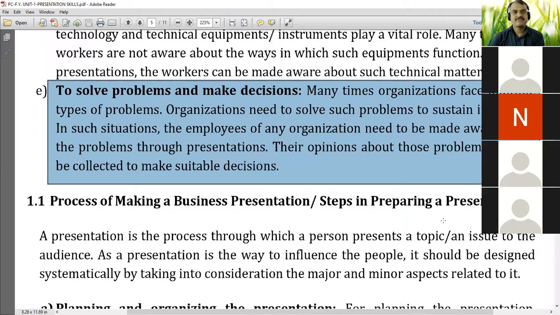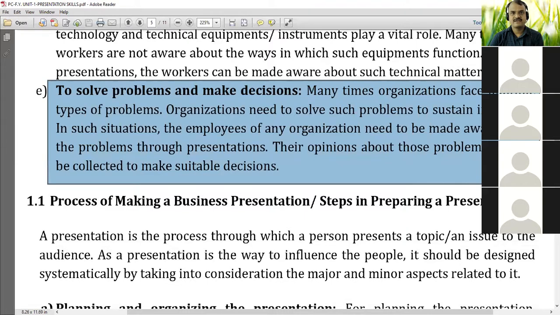Okay, ठीक है. 27, Yes, sir. 28 is absent, 29, Yes, sir. 30, Yes, sir. 31 is absent, 32, Yes, sir. 33 is absent, 34, Present, sir. 35, Yes, sir. 36, Present, sir.